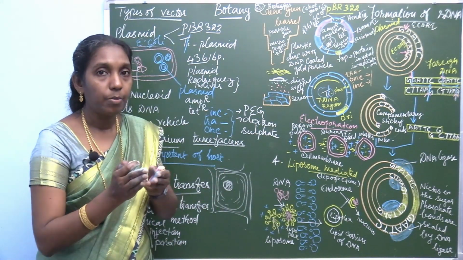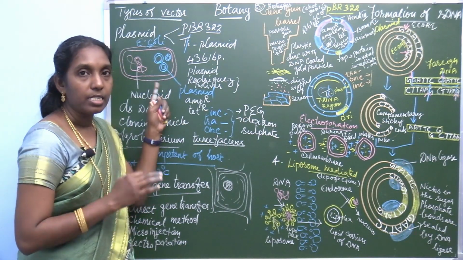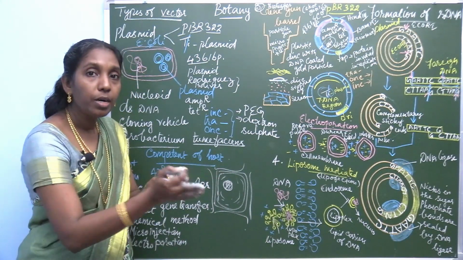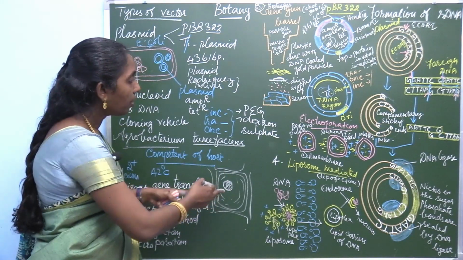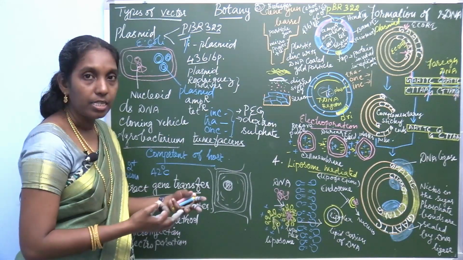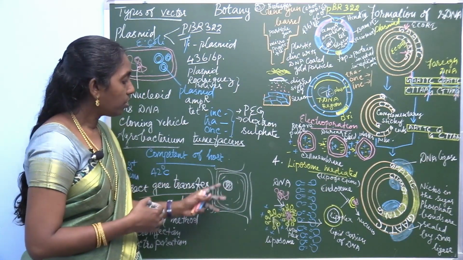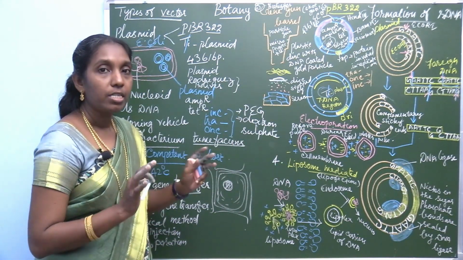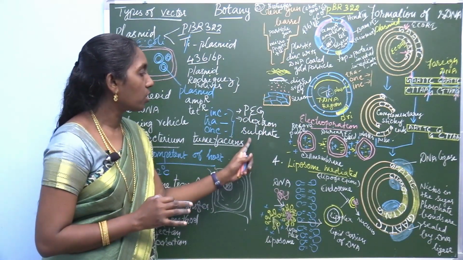These chemicals help make the cell membrane permeable. The membrane has to be permeable to insert the gene. Not all chemicals are used to make the cell membrane permeable. There are certain chemicals like PEG and dextran sulfate.